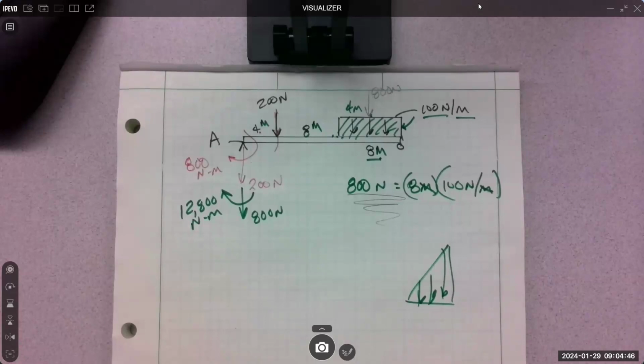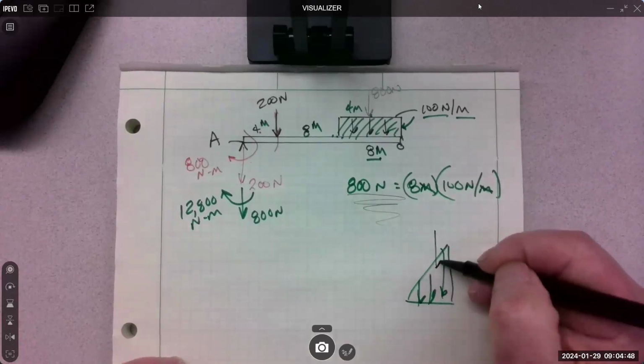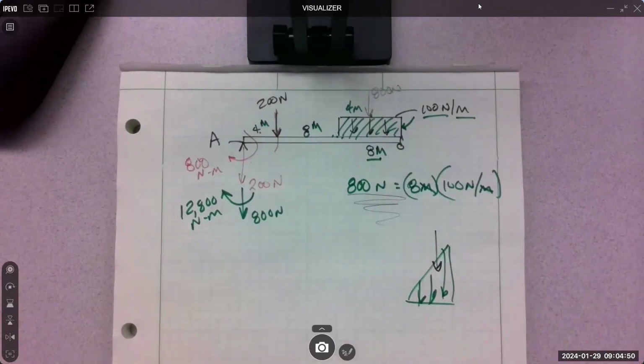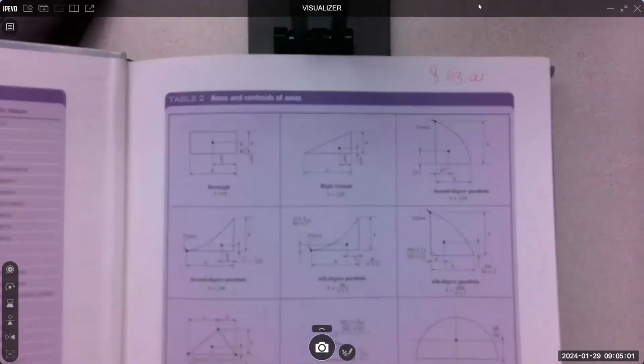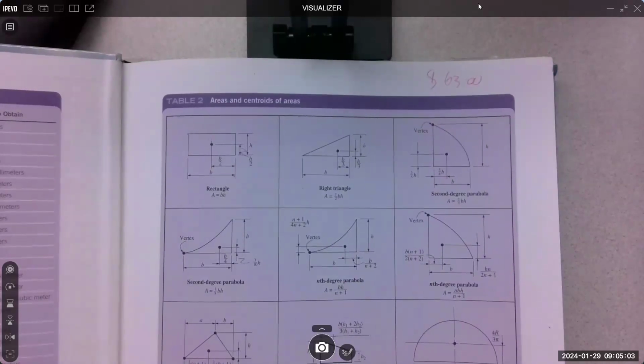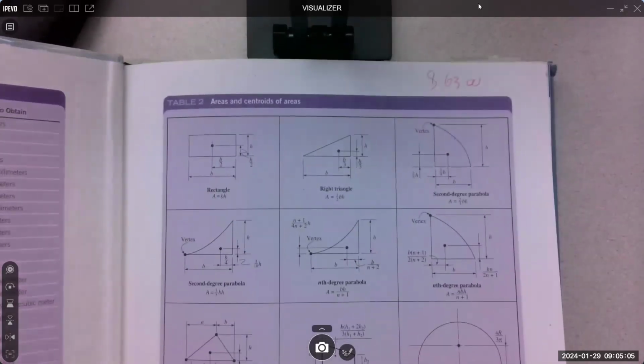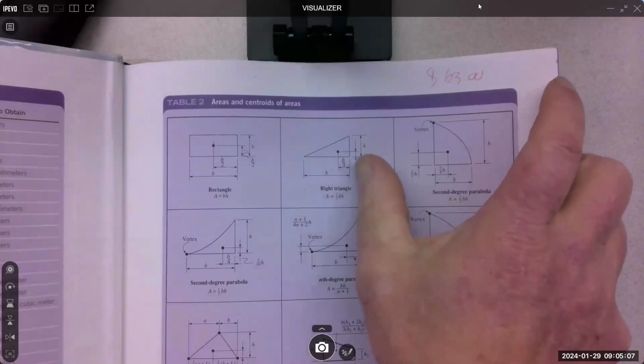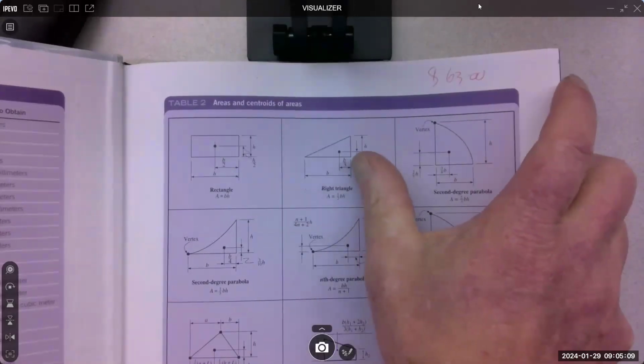And then you have to put the concentration through the geometric center. If you don't know the area of a triangle, the front of the book has that. Areas of shapes. That's why that's here. And then also where the geometric center is in the front of the book.